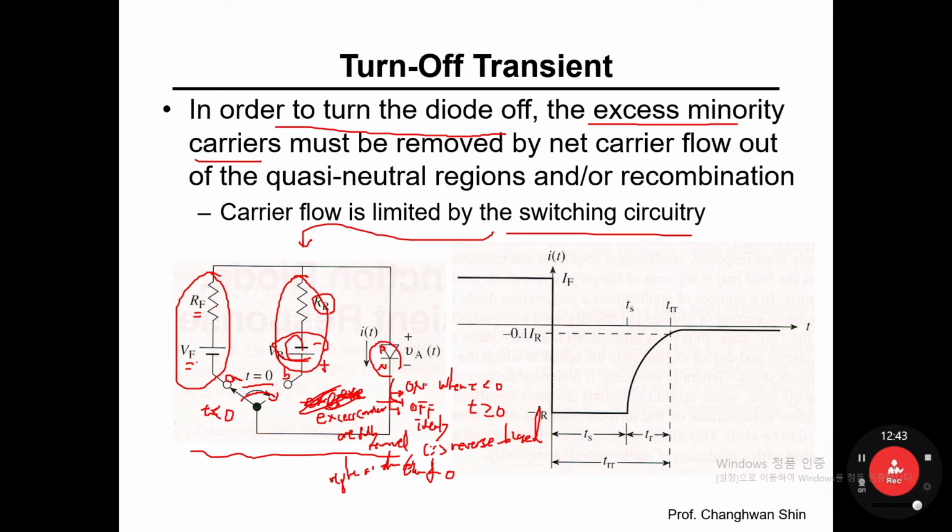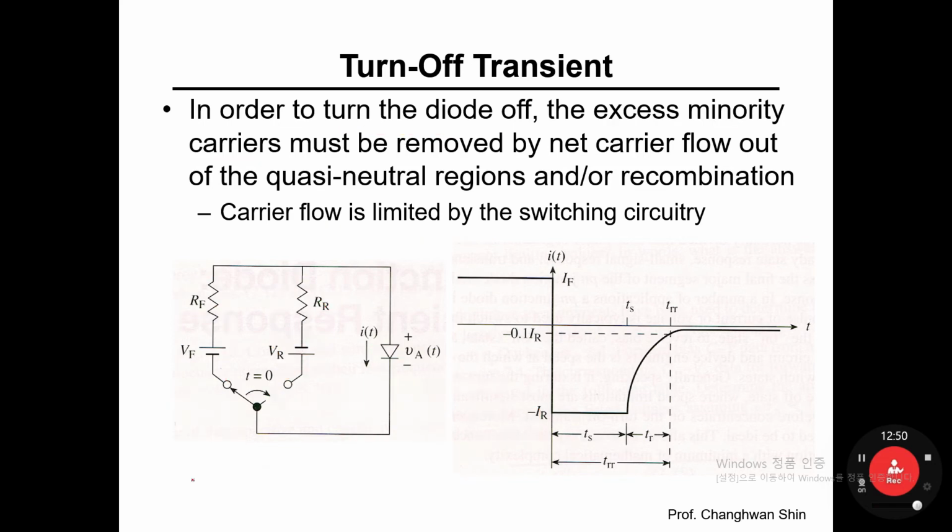So let me explain in more detail how this switching circuitry works for the PN diode. At time t less than 0, the forward current is flowing. This is approximately VF over RF.